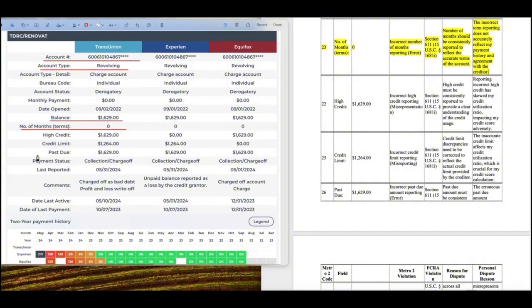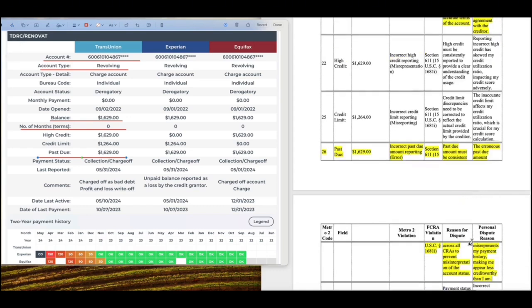Let's do the past due amount. That's here. God, that line was bad. Okay, so past due amount, and some of that went down there. Again, I'll go back and fix this. The code for past due amount on this specific account is 26. And then we're going to say incorrect past due amount reporting error.